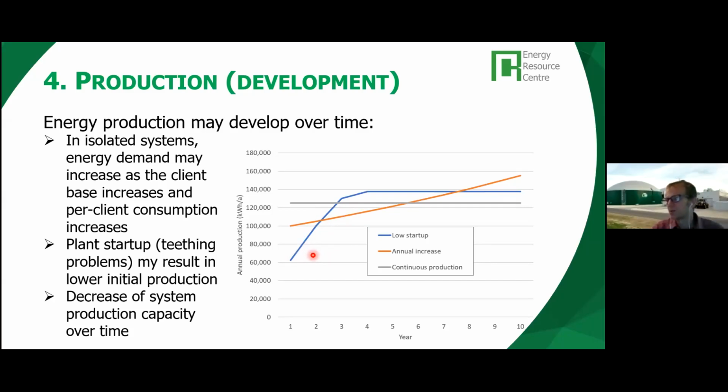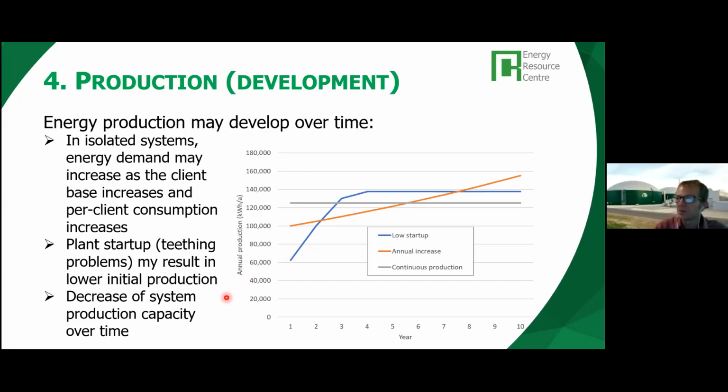It could, for example, mean that plant availability is lower than expected, or that it may be needed to detach some part of the load when the generating system cannot cover the full demand.